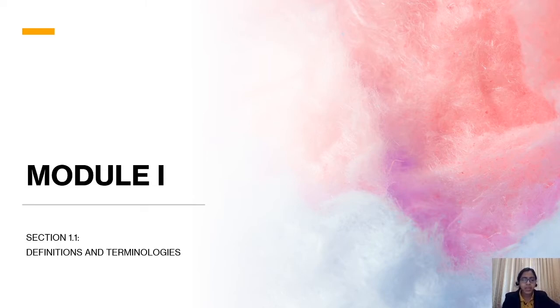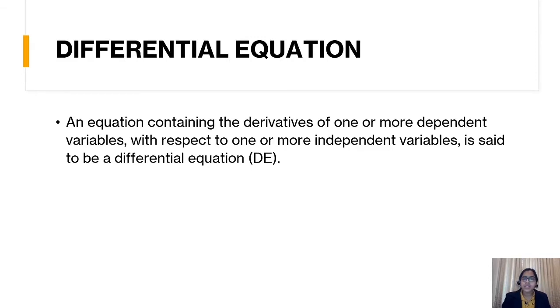Let's see the proper definition of it. In section 1.1, we are dealing with the definitions and terminologies related to differential equations. First, the definition: an equation containing the derivatives of one or more dependent variables with respect to one or more independent variables is said to be a differential equation.